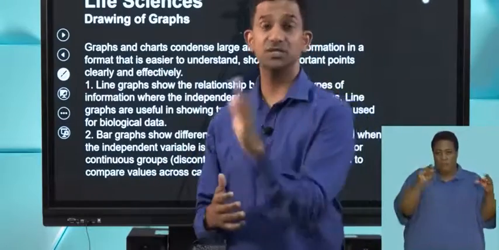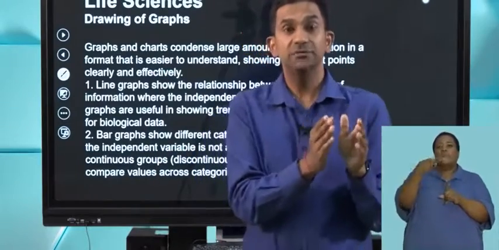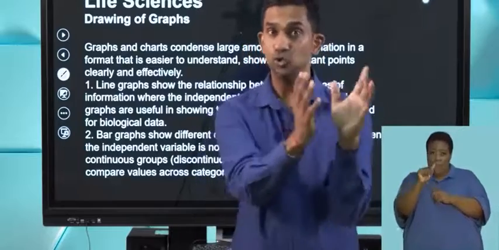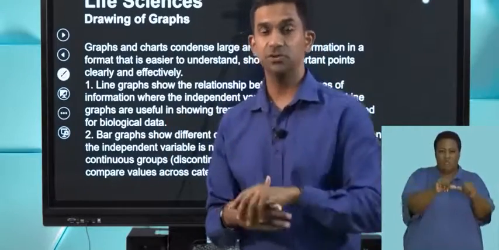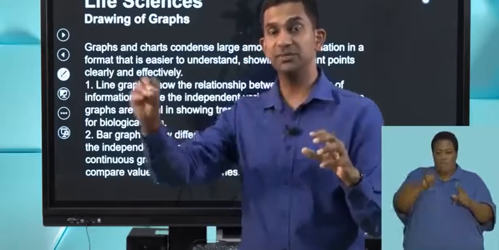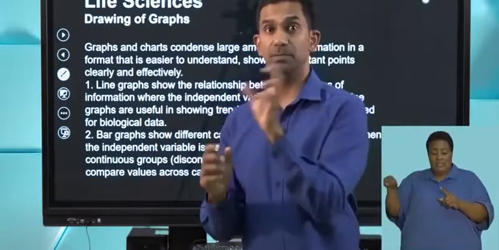We also can use histograms, which show information that is continuous but grouped. A histogram is slightly different to a bar graph, where we see continuous information being illustrated using bars.